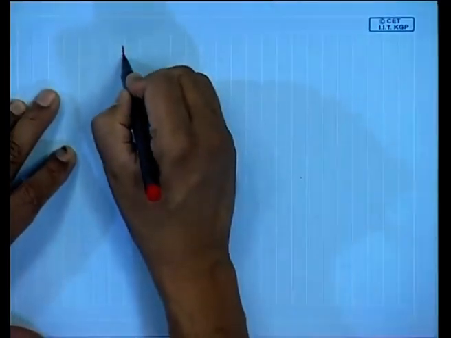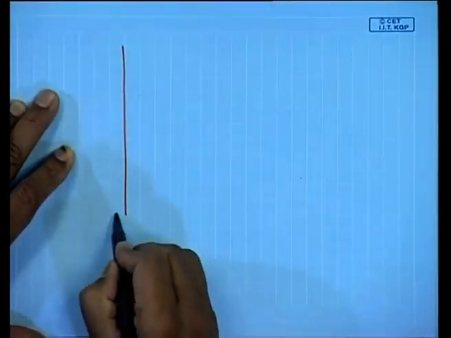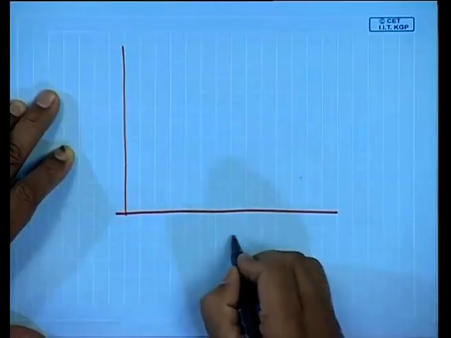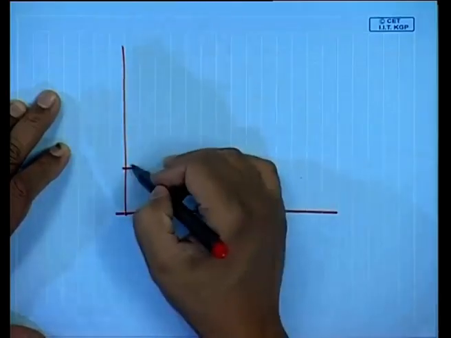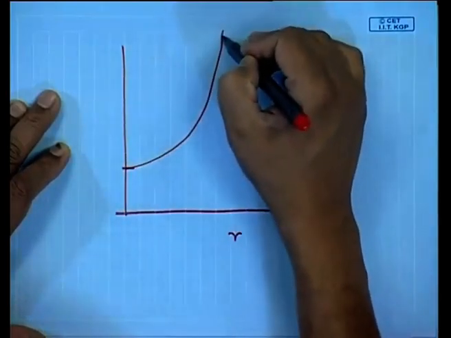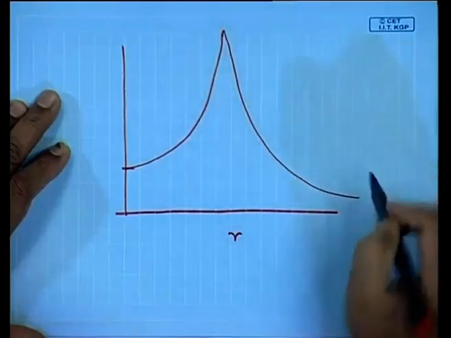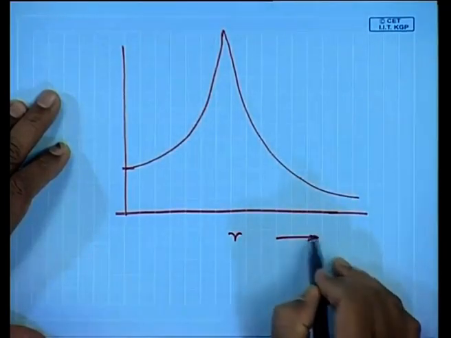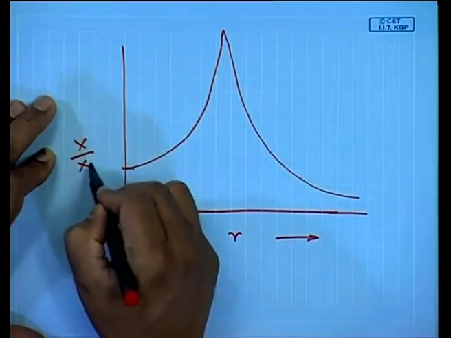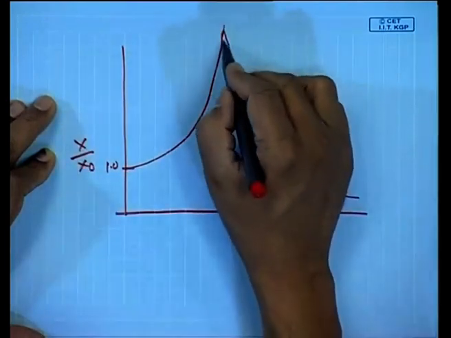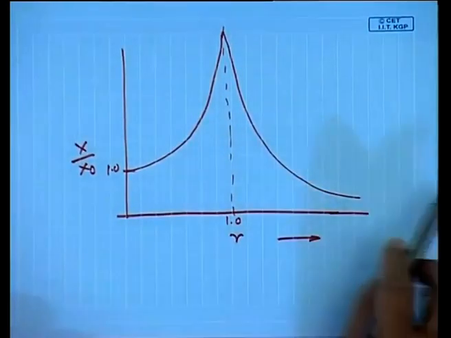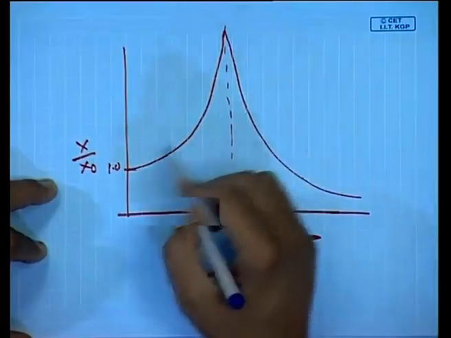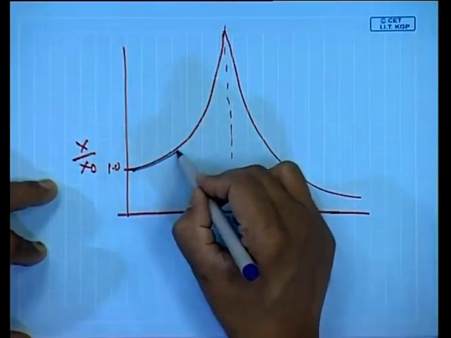So, a typical plot of the vibrating response of a single degree of freedom system, I denote this as R. And then with increasing damping, what happens?